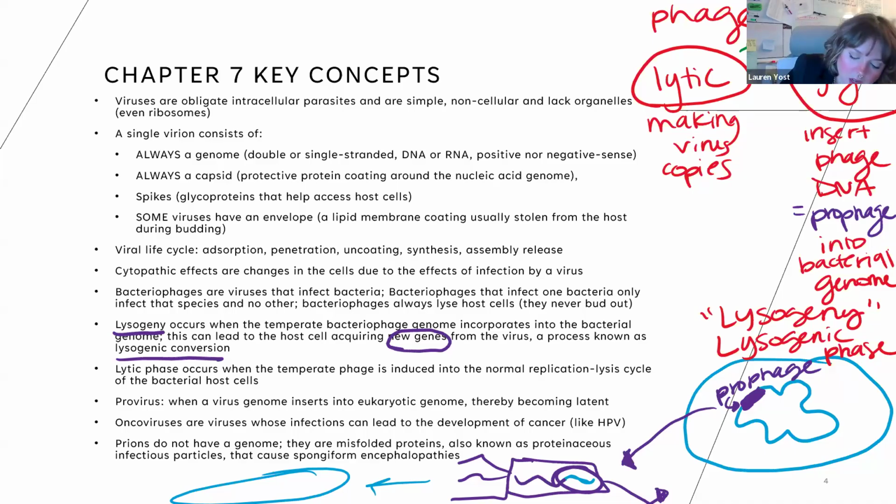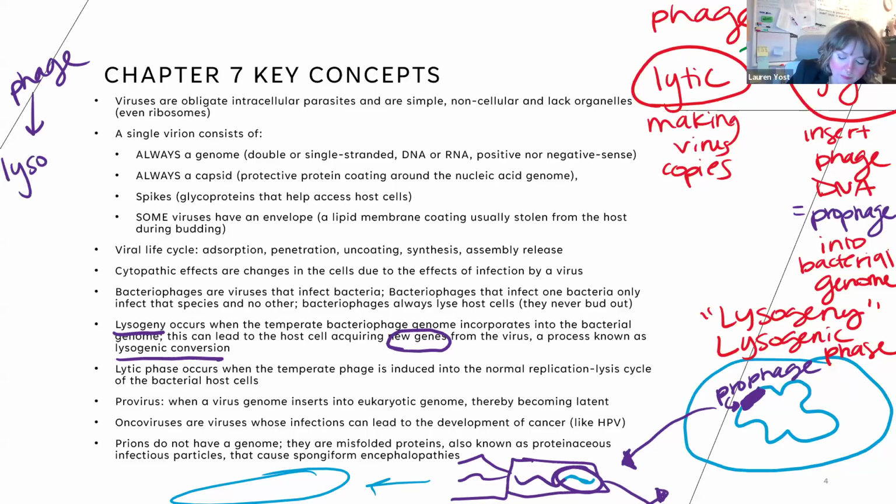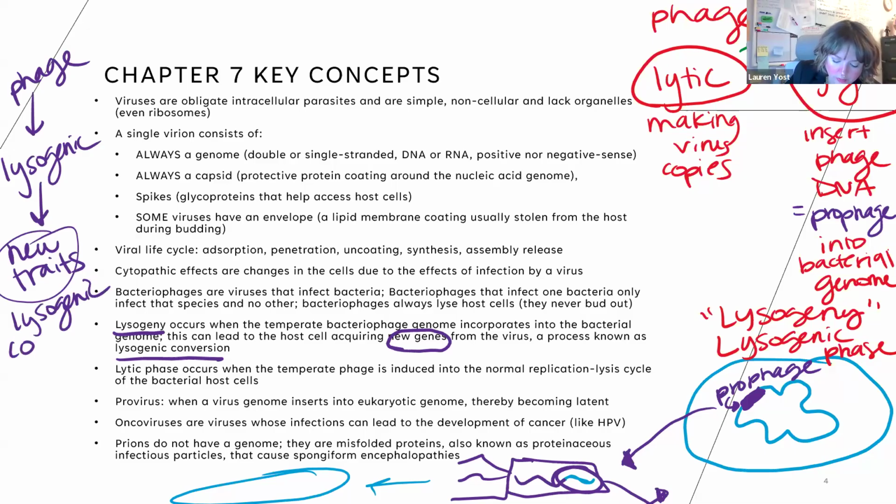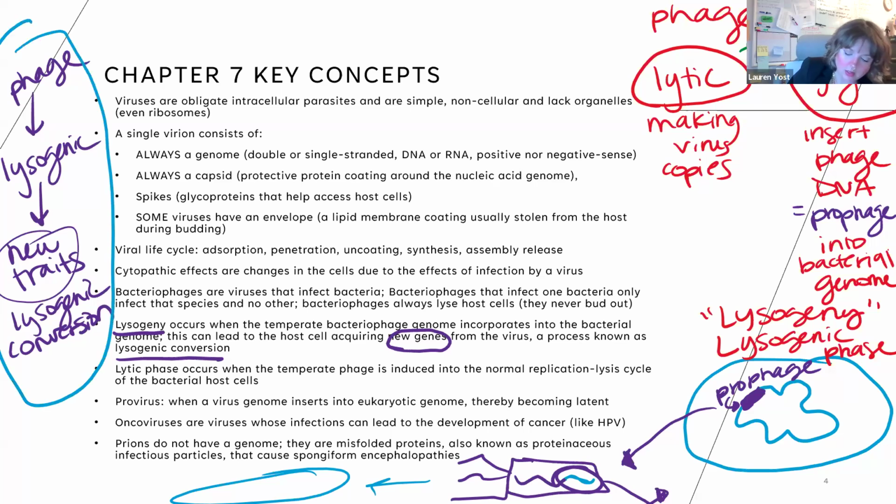The process of having a phage infect a bacteria and become lysogenic and getting new traits, again, the new traits being lysogenic conversion, which is a new subset of lysogeny. This whole process is called transduction.